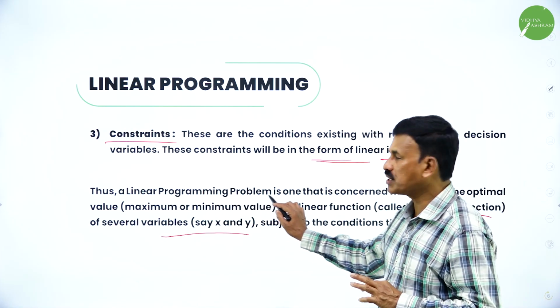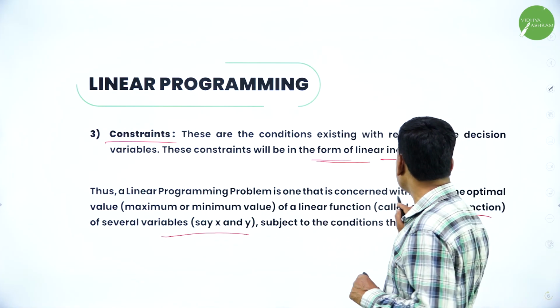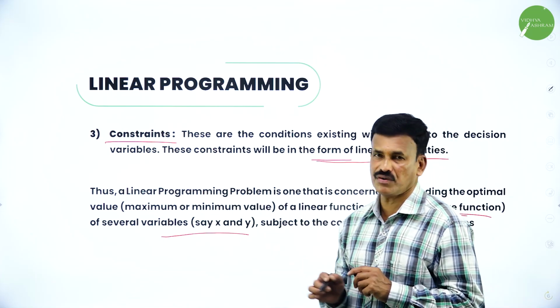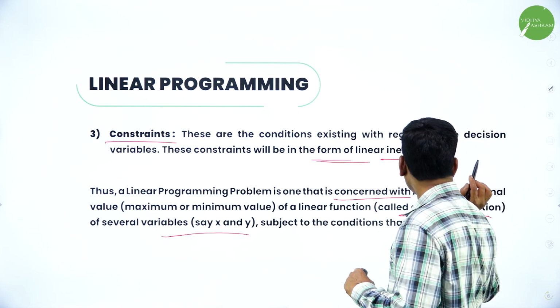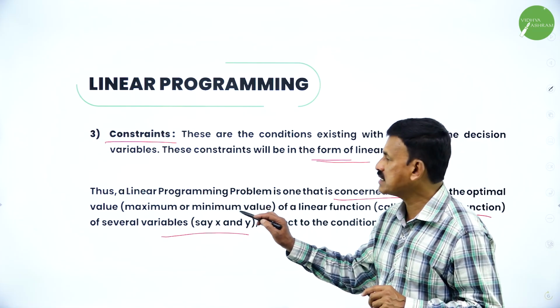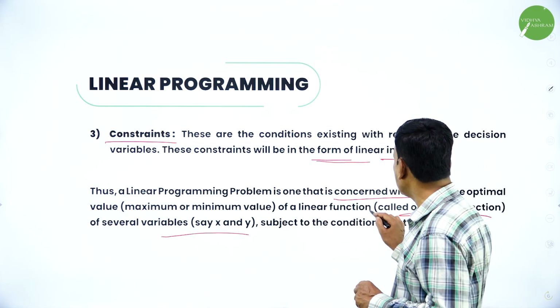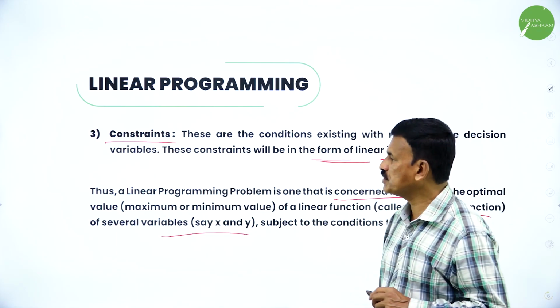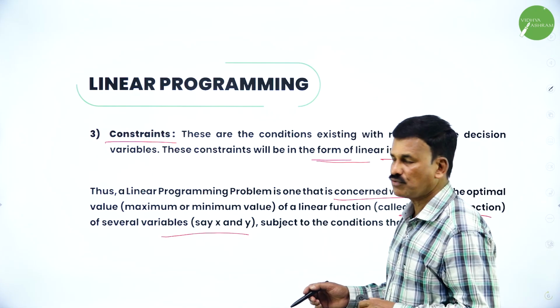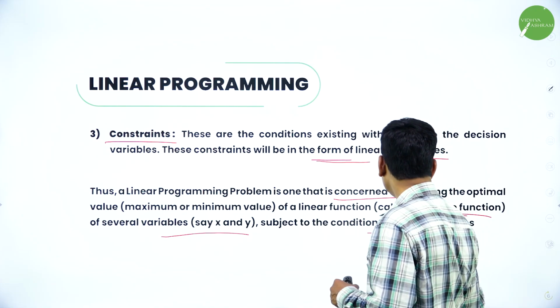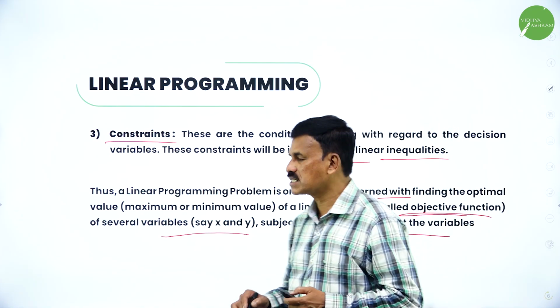Thus, a linear programming problem is one that is concerned with finding the optimal value, that is the maximum or minimum value, of a linear function called the objective function, of several variables, which may be x and y, subject to the conditions on the variables.